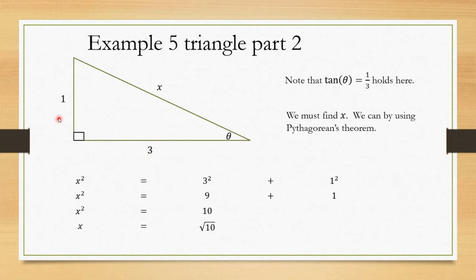So x squared is 3 squared plus 1 squared, which is 9 plus 1, which is 10. So x squared is 10. What's x got to be? Take the square root. You get square root of 10.